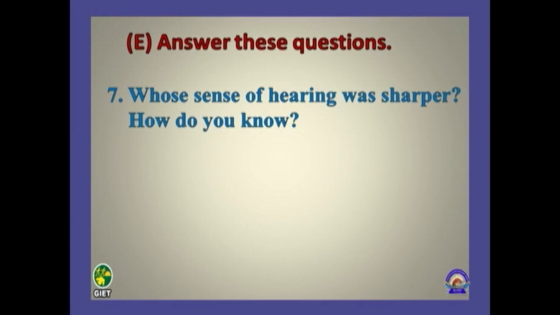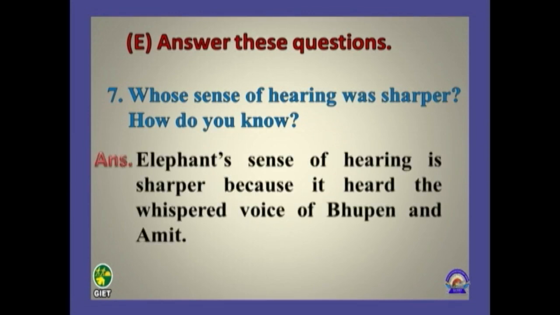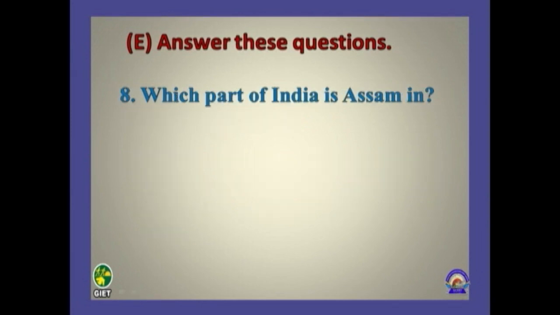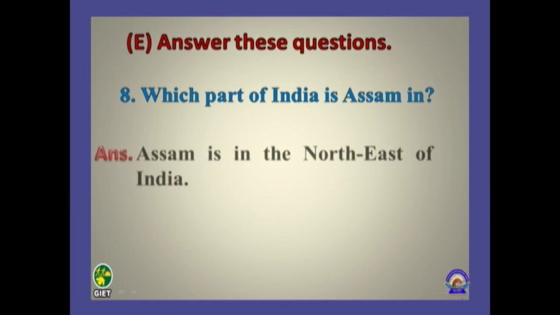How do you know? Elephant's sense of hearing is sharper because it heard the whispered voice of Bhupen and Amit. 8th, which part of India is Assam in? Assam is in the northeast of India.